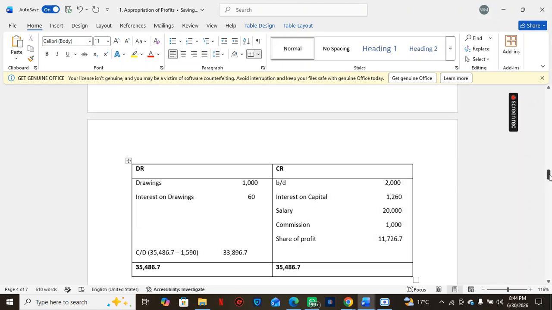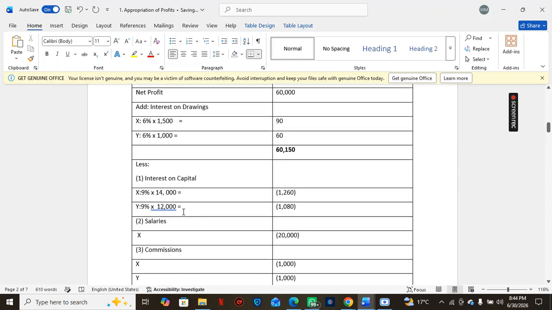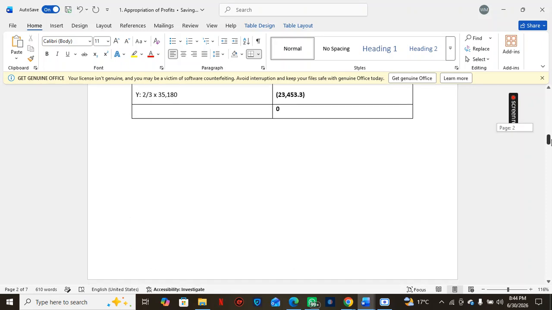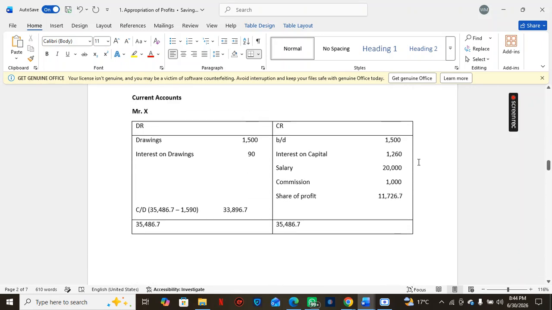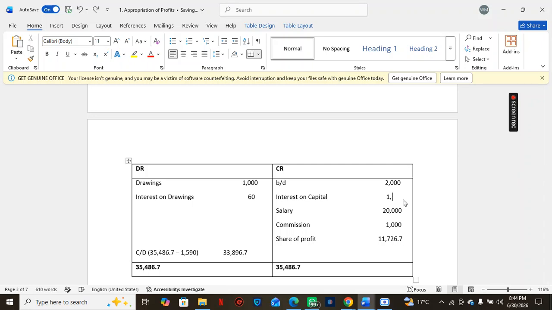Okay. Then we now go to interest on capital. Mr. Y, 1,080. Sorry, that's Mr. X. 1,080. Mr. Y doesn't have a salary, so we won't put any salary there.